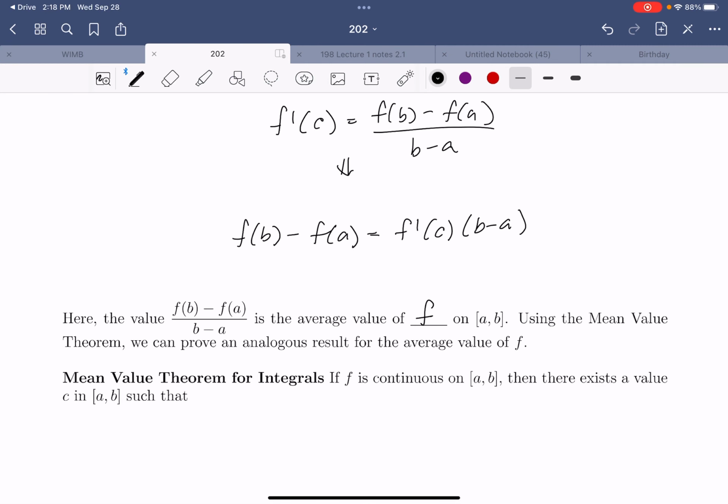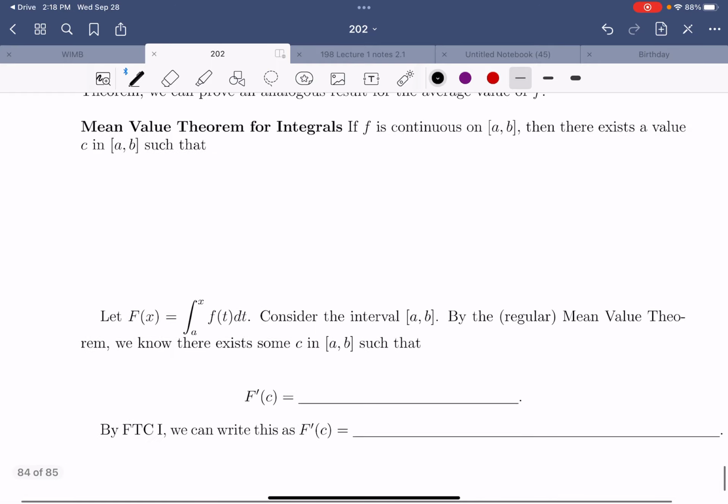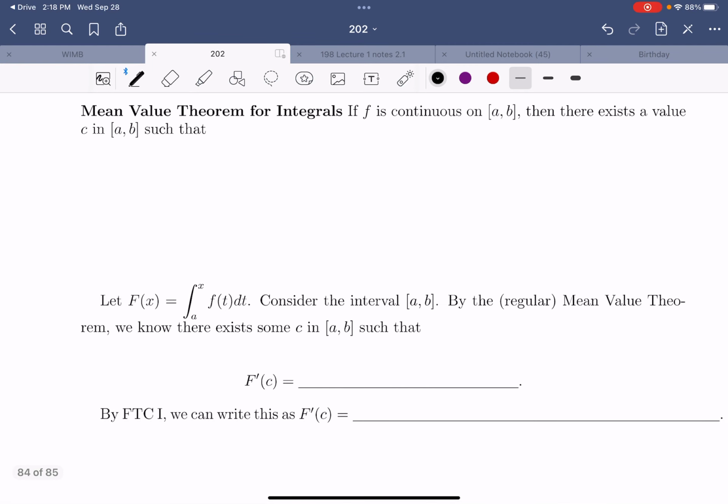Using the mean value theorem, we can prove an analogous result for the average value of f. When we think about this in terms of integrals, the mean value theorem for integrals states that if f is continuous on a to b, then there exists a value c in the interval from a to b such that f of c equals the average value, which we know how to calculate.